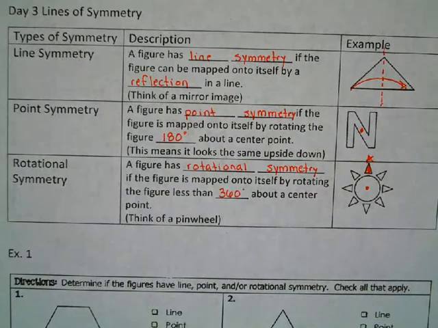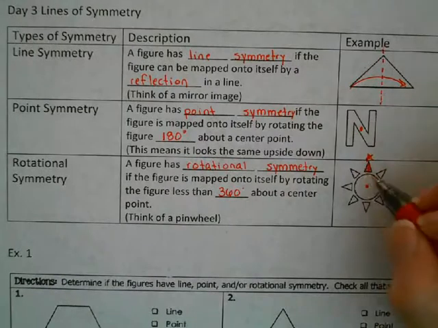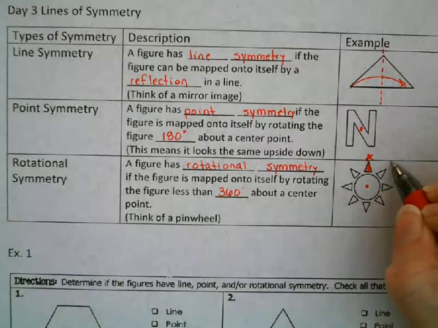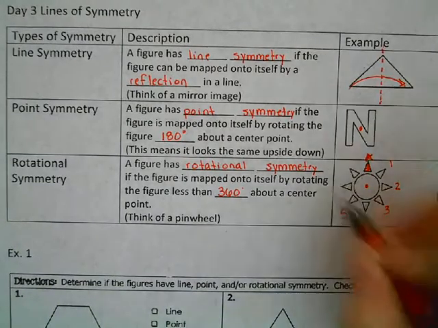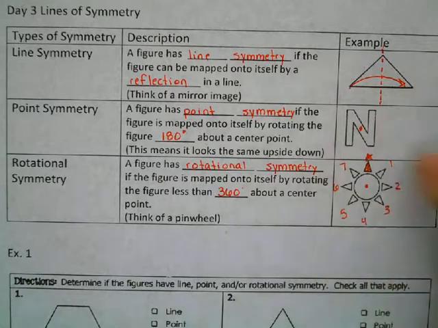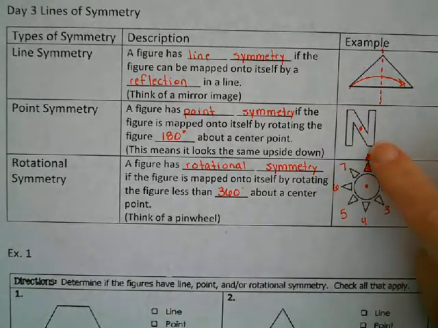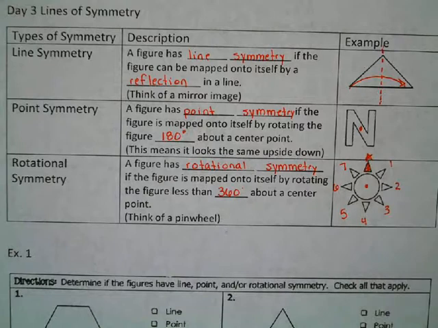But that's point symmetry. Rotational symmetry can have many different. So if you rotate this, this would have 1, 2, 3, 4, 5, 6, 7 rotational symmetries before it gets back to the top again, or 8 if you want to include back to the top. So we would accept either of those.